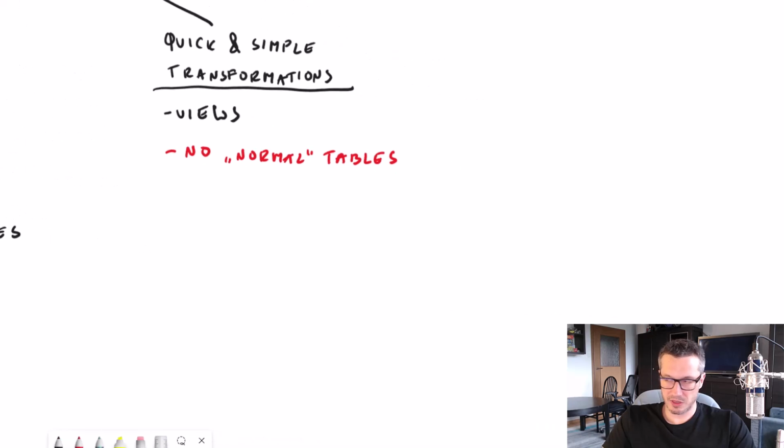All right, so what if we would like to save some data? Let's say we have some view or some select statement and you would like to, well, persist the data somewhere. Is it possible? Yes, we can. We can use something called CETAS, which means create external table as select.